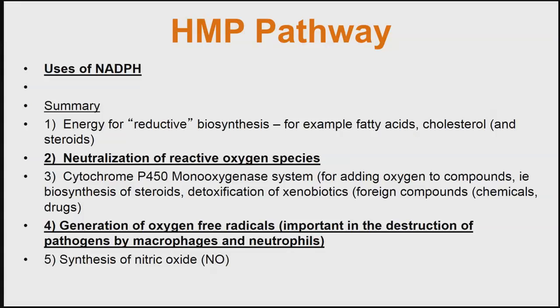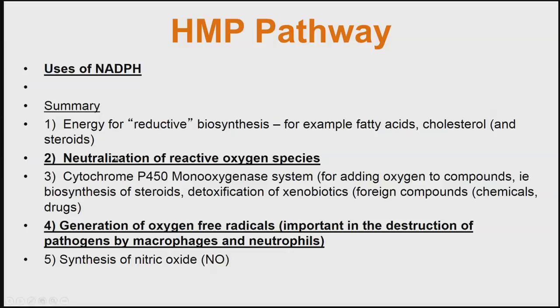So there are different synthetic pathways that will use NADPH. When you see those, just remember, oh yeah, the NADPH came from the HMP pathway. Now I should say there are other sources of NADPH, but this is the major one.